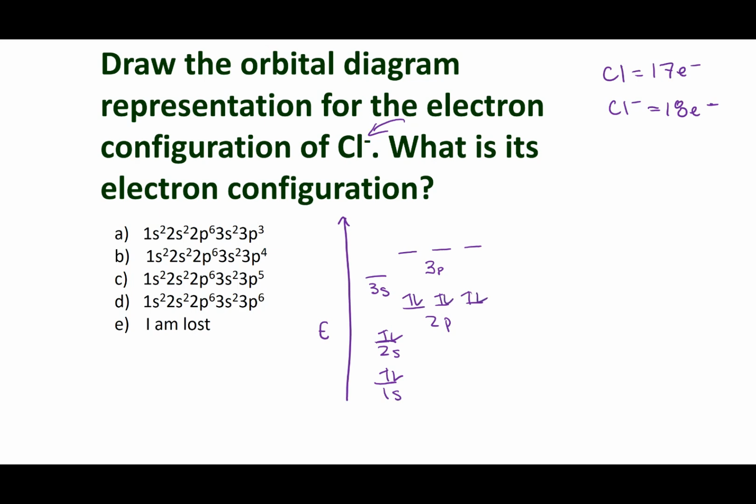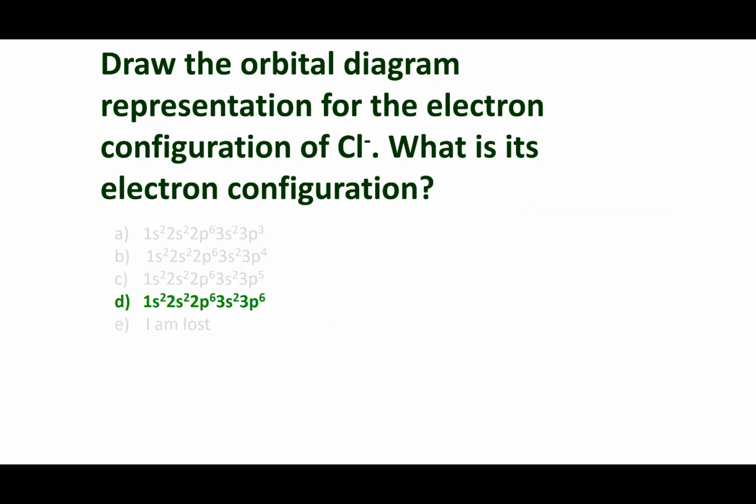So I've got 10 electrons, 11, 12, 13, 14, 15, 16, 17, and 18 electrons. So what I can say is that I've got 1s2, 2s2, 2p with 6 electrons, 3s with 2 electrons, and finally my 3p is fully filled with 6 electrons. And so this should have been choice D for you all.